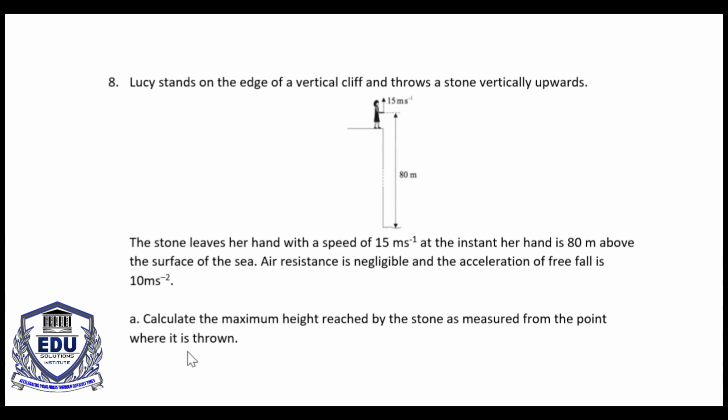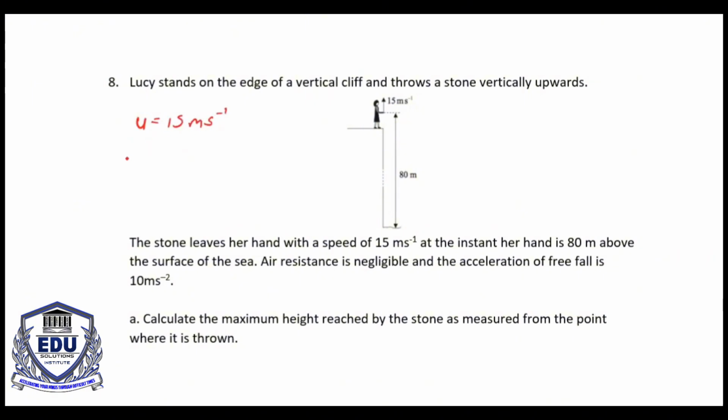So this here is an example of motion, and specifically vertical motion, where it's gravity that is the forefront of the force acting on this object. So hence we will look at free fall. So what we're going to do is identify what we're given. We're given that it starts off with a velocity of 50 meters per second.